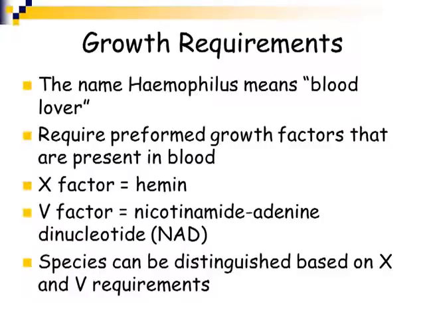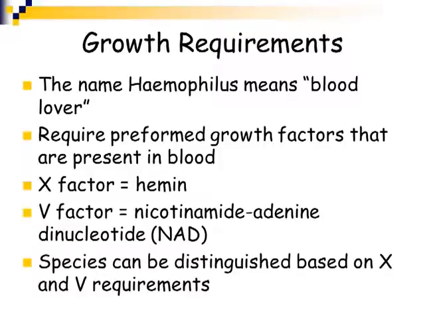So the growth factors that are present in blood, you have X factor, which is hemin, and you have V factor, which is NAD, or nicotinamide adenine dinucleotide.